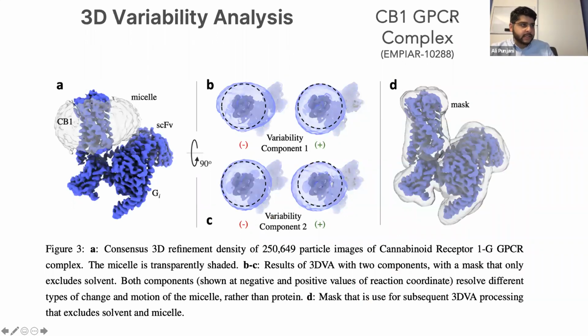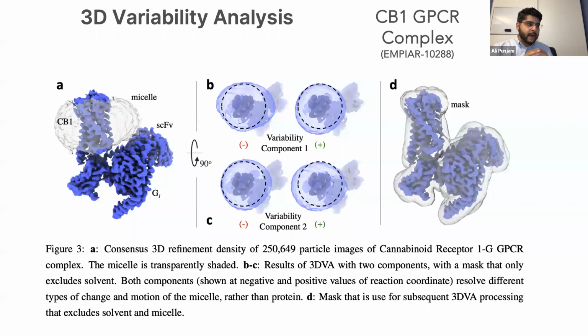And this is a GPCR complex, the Cannabinoid Receptor. The first point I want to make here is that with membrane proteins, there's an important detail about 3D variability analysis to keep in mind, which is that the micelle itself generally presents a huge amount of variability.